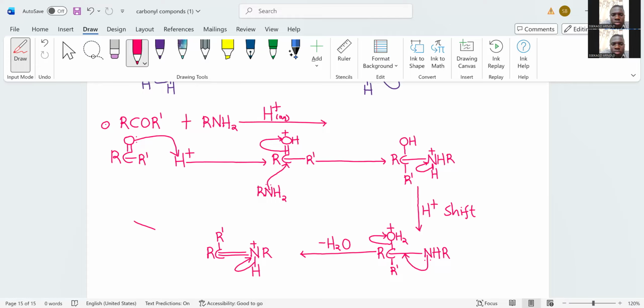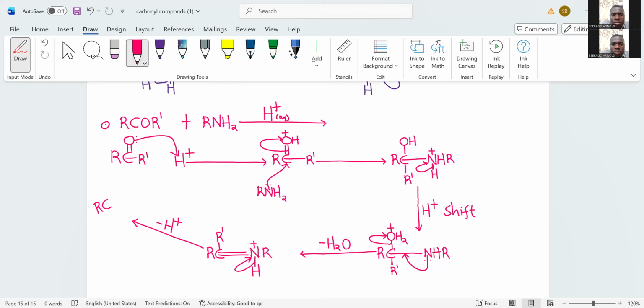So in this case, I lose a hydrogen ion, meaning that it was working as a catalyst. That's why it has to be formed again. As I form R, C, double bond, C. Sorry, this is not correct.